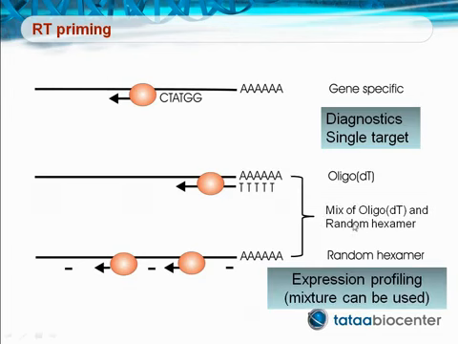Many kits use a mixture of oligo-dT and random sequence primers for priming reverse transcription. Those priming strategies are preferred for expression profiling when multiple parallel singleplex reactions are performed.